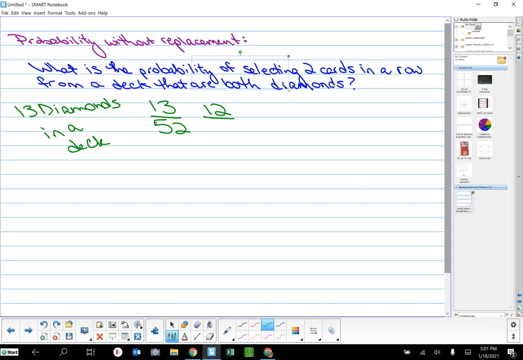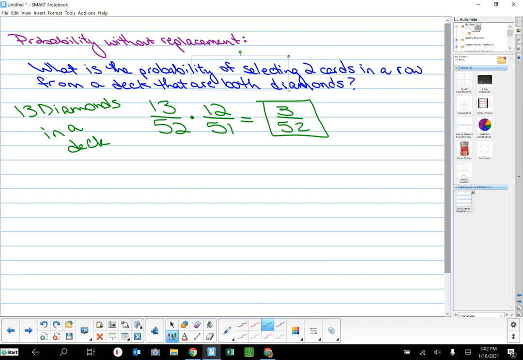And we've already removed a card out of the deck. So there's only 51. And we multiply those two things together. So when we do that, we get 3 out of 52. That is the likelihood that we will pick 2 diamonds out of a deck in a row.